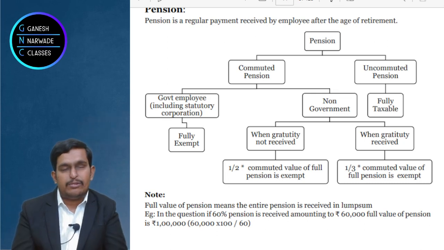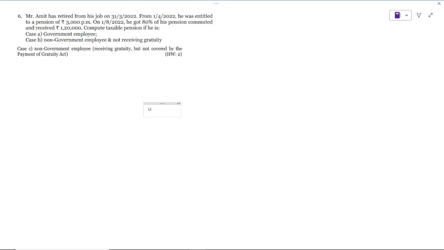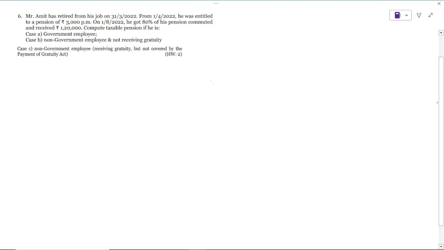Now let's solve the problems. Now we have Amit's question, right? Mr. Amit has retired from his job on 31st March 2022. That means not in the current previous year; he retired on 31st March 2022, in the last previous year.